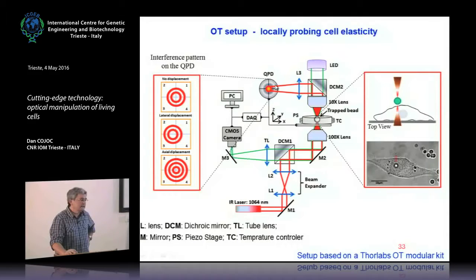This is a quadrant photodetector, on which the interference pattern formed by light scattered by the particle is formed, and we can measure its displacement and associate it with the displacement of the bead.